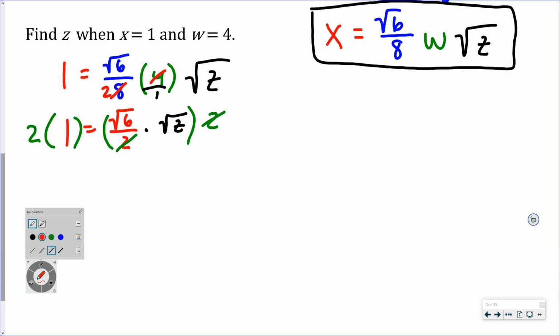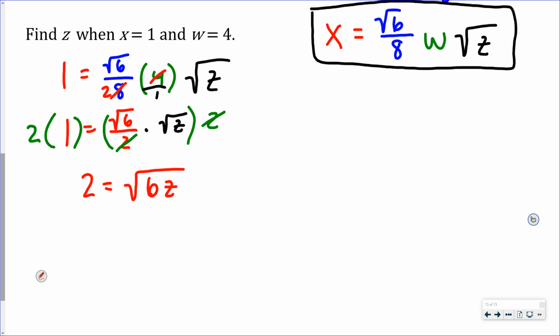A couple different ways you could do this algebraically. Guys, what's the square root of 6 times the square root of z? Square root of 6z. We can multiply them together when they have the same index. The radical doesn't go away.